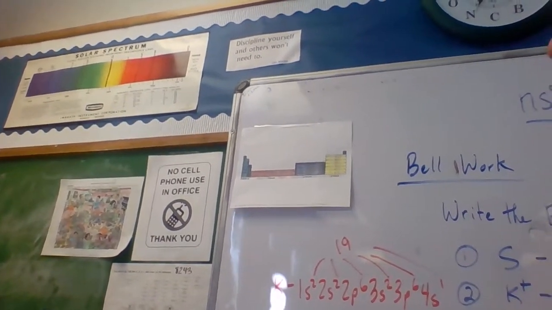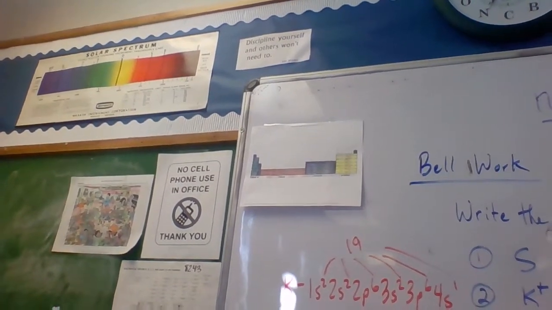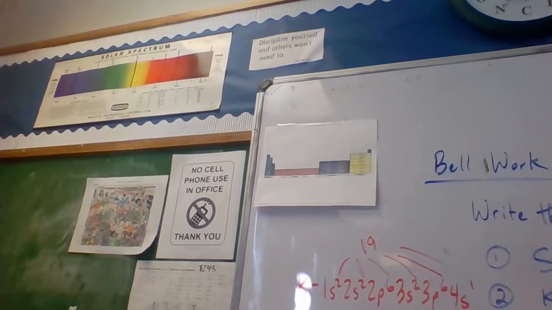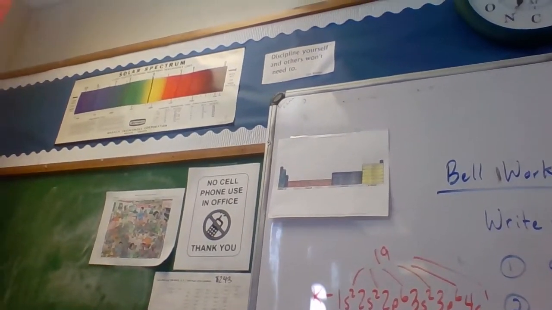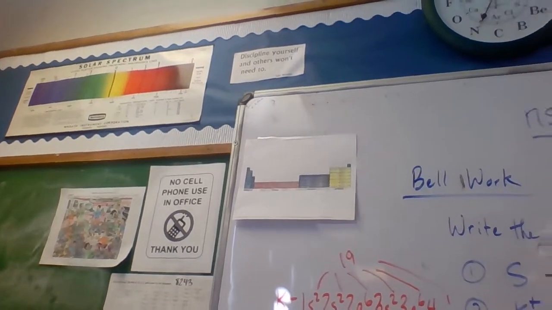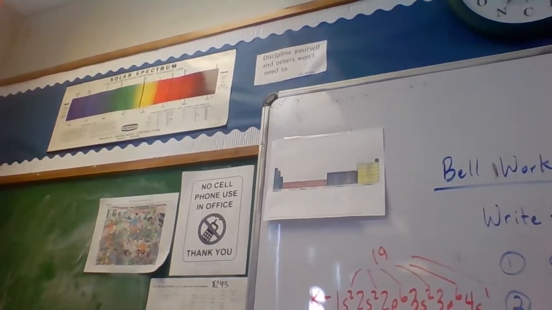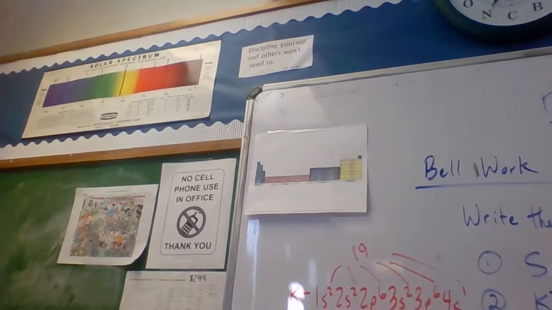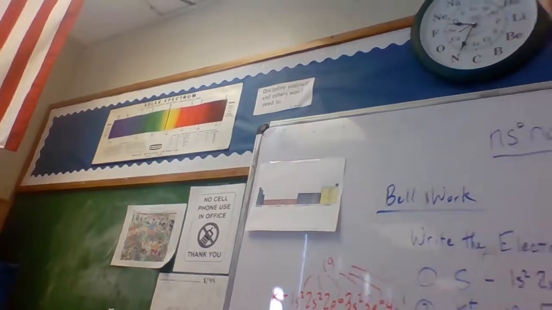Now it's argon because, if you look at the electron configuration for argon, argon has 18 protons. So you got 2 here, 3, 4, 5, 6, 7, 8, 9, 10, 11, 12, 13, 14, 15, 16, 17, 18. If you notice, it's got 8 electrons on the outside.